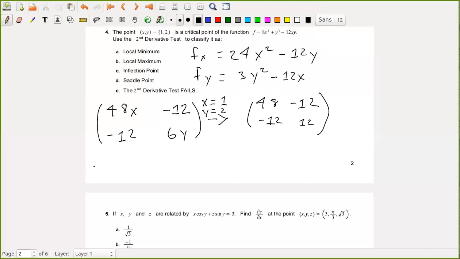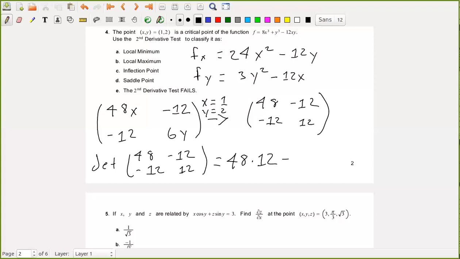Okay, and then the determinant of this matrix, 48, minus 12, minus 12, 12, is equal to 48 times 12 minus 12 times minus 12.